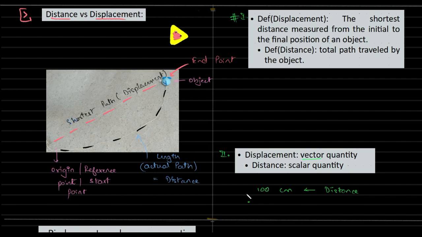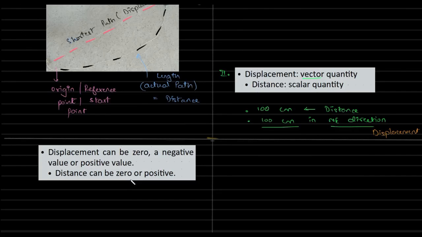If I combine this information with a direction, say, the northeastern direction, so here if I take this as north, south, east, west, it moved in a northeastern direction. So 100 centimeters in the northeastern direction, this is with magnitude and direction. So this is a vector quantity and this is your displacement. So displacement is a vector quantity while distance is a scalar quantity.